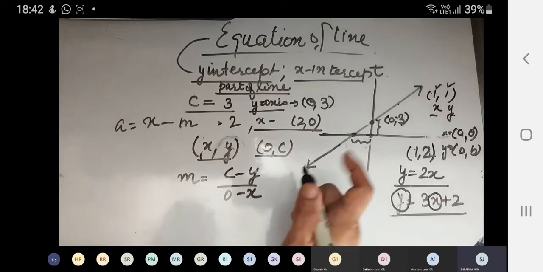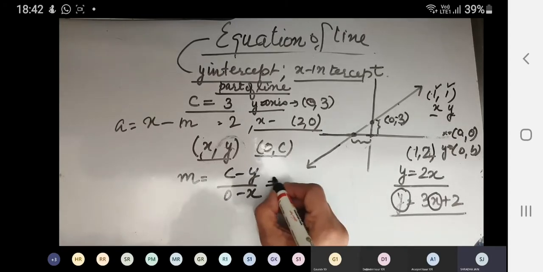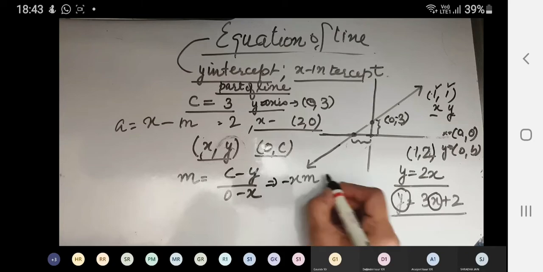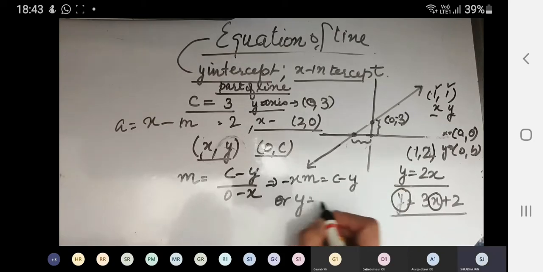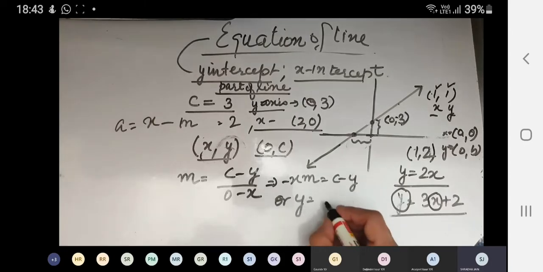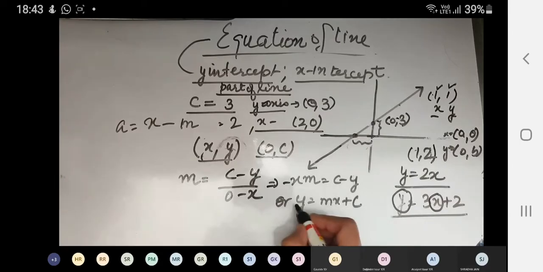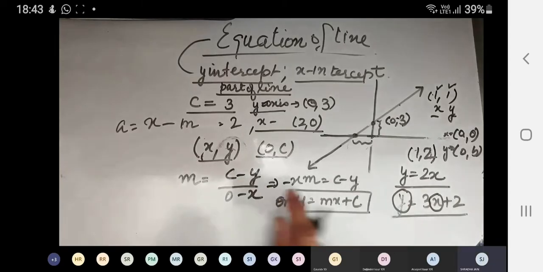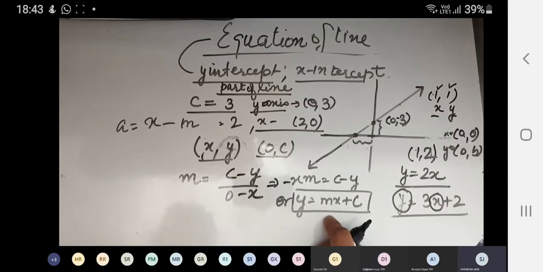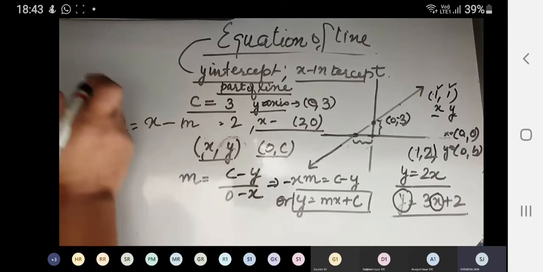So if I simplify it, generally we write the equation of line with y as the subject. Do you find what the equation of line will be on simplifying it? And we will take it as the formula of the equation of line.